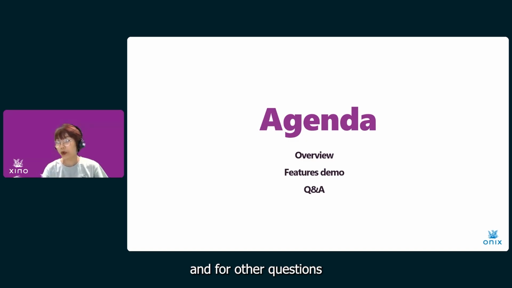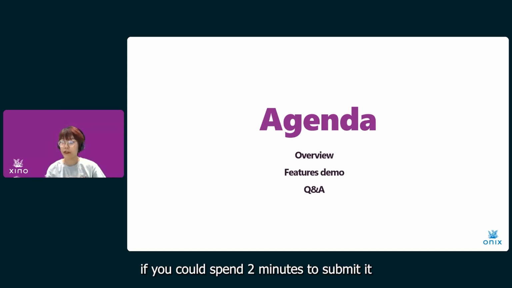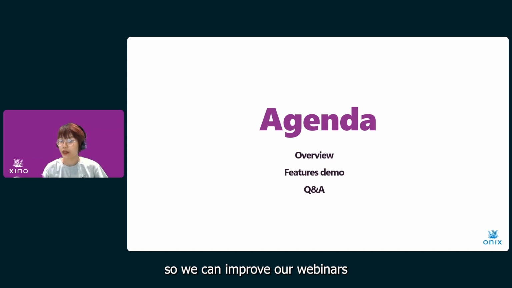And for other questions that we cannot address right in this webinar, we will try to answer them afterwards by email. And at the end of the webinar, we will take you to a really short evaluation form. And we would really appreciate it if you could spend 2 minutes to complete it so we can improve our webinars in the future.